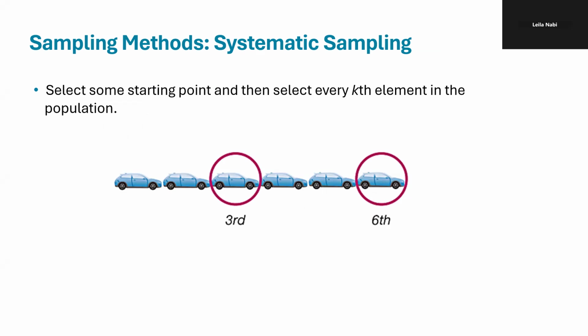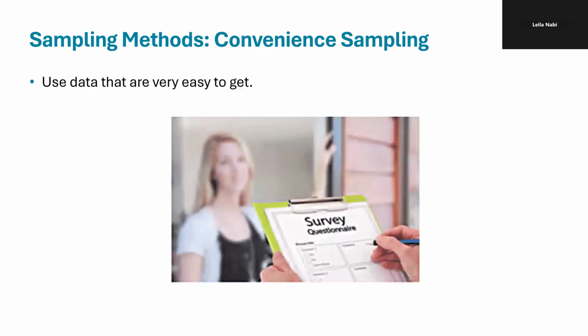We start from the 1st one and we select every 5th one. It's called a systematic sampling. Convenient sampling means just choosing the people who are easy to get, which is not the best option because most of the time it's not a random sample, okay?